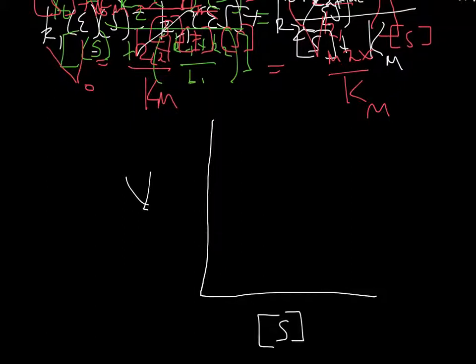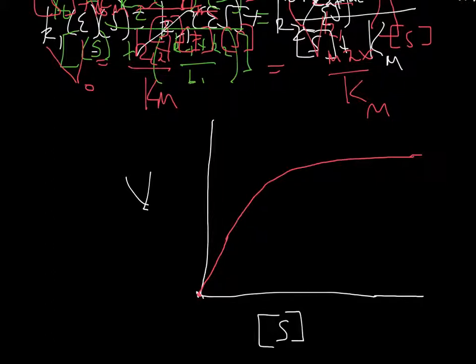We know, well, at 0, it's going to be 0. Or it should be, let me change colors, is 0. And it's linear in the beginning. Linear. But then it's going to approach and become a horizontal line. Okay, so it's hyperbolic.